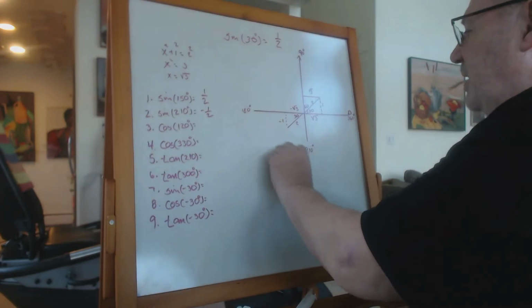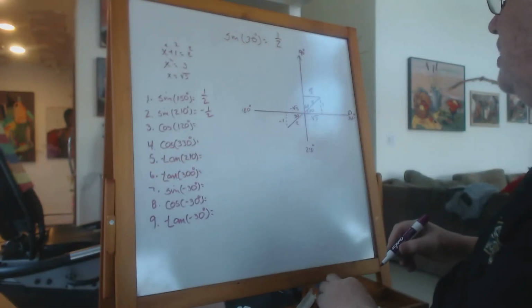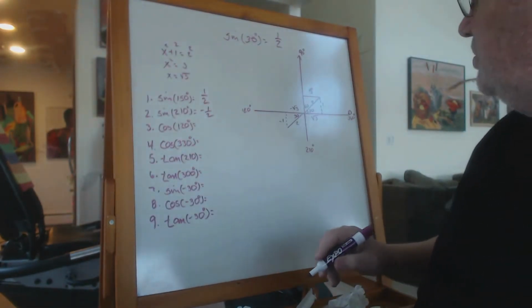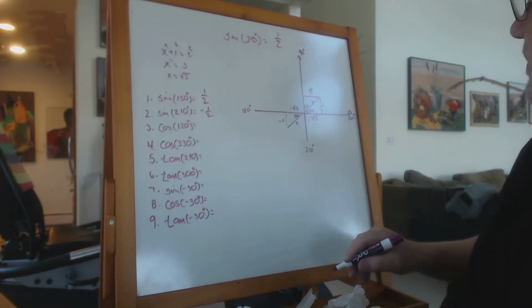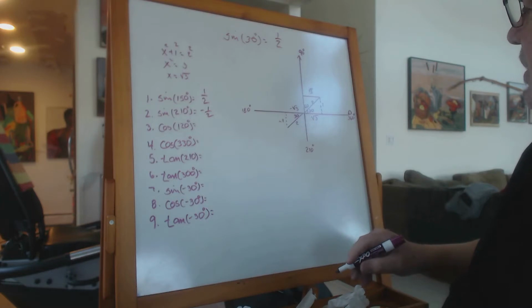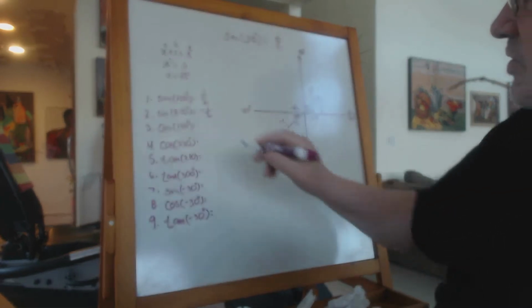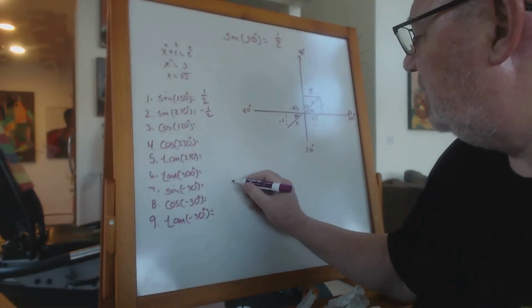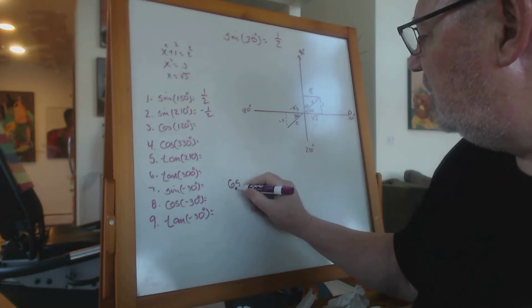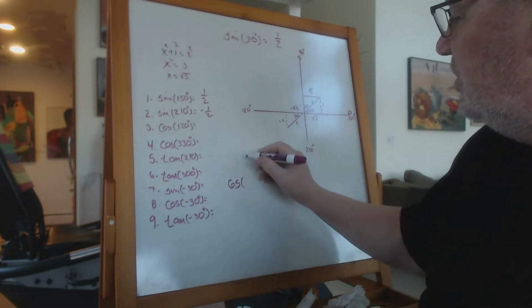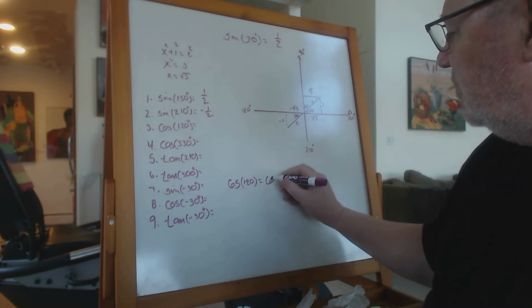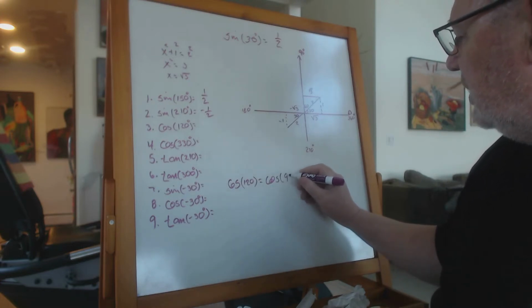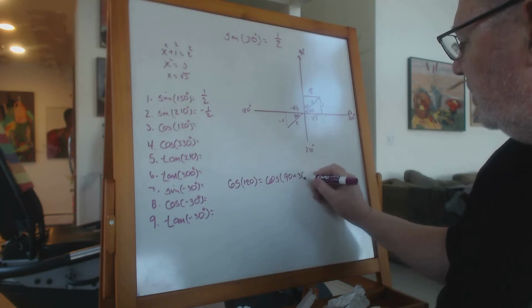Now some of these are a little easier to use, let's say, identities. We could take a look at this one first, and we say cosine of 120 is equal to the cosine of 90 plus 30.